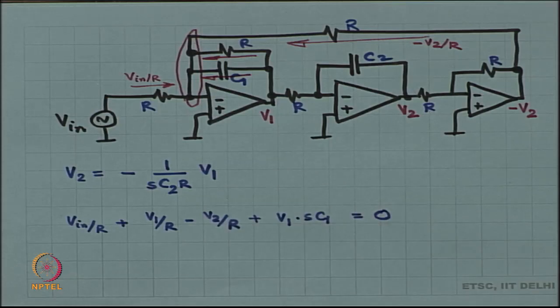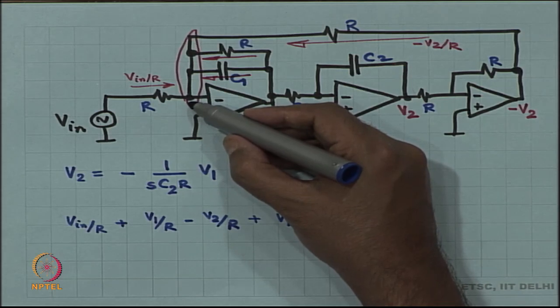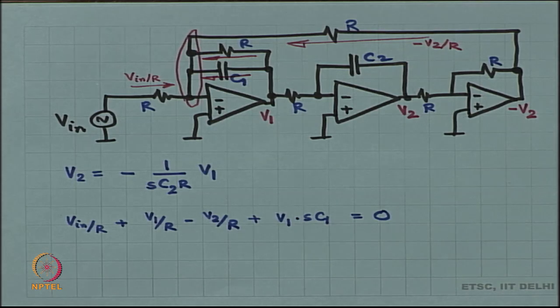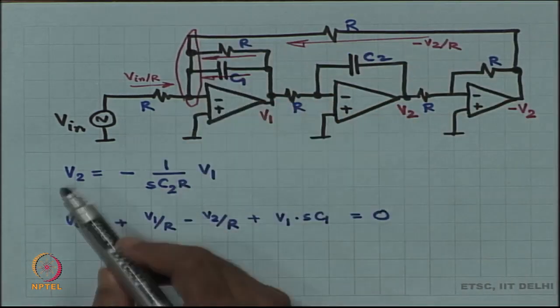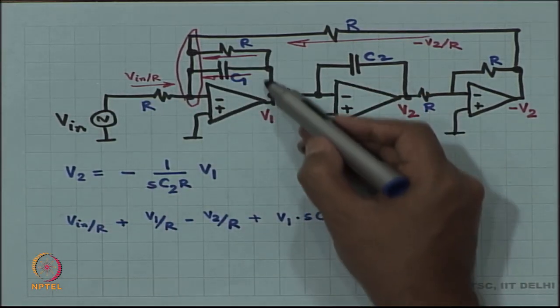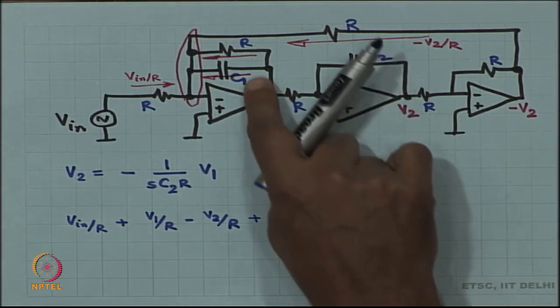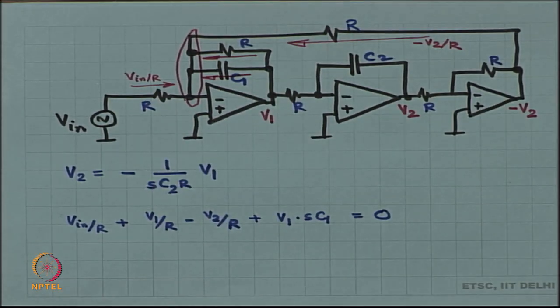What else could be done? Fine. So, my assumption is that this node is at 0 volts, which is more or less correct because the op amp is in its high gain region because of DC negative feedback. And then with that assumption in mind, this current is minus V2 by R, this is V in by R, this current is V1 by R, this current is V1 times S C1, and the sum of all of these currents is equal to 0, KCL.